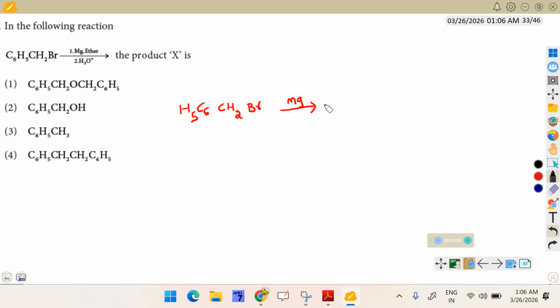C6H5CH2Br reacts with magnesium in the presence of ether. Then it gives the Grignard reagent C6H5CH2MgBr. Now the Grignard reagent reacts with water.